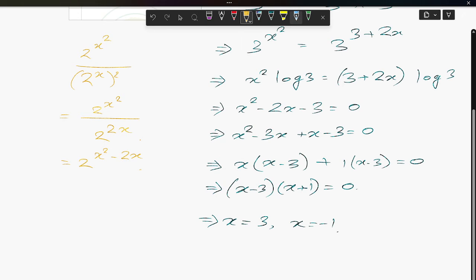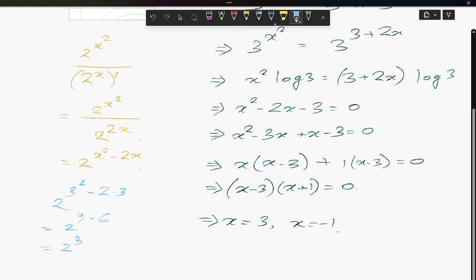If we put x equals 3, then we get 2 to the power 3 square minus 2 into 3, which equals 2 to the power 9 minus 6, so we get 2 cube.